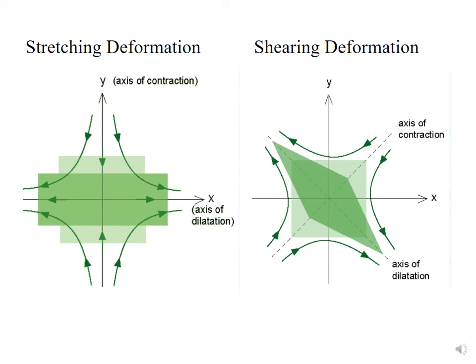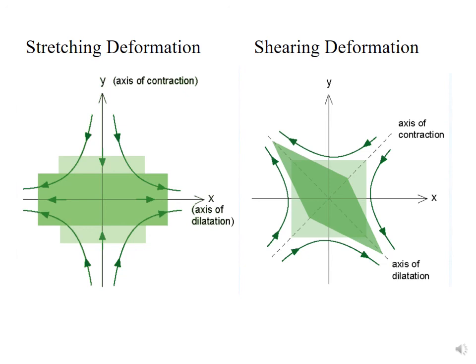Shearing deformation is the same sort of thing, except that it's tilted at an angle away from that. So we have an initial air parcel that was a square, and the shape of the wind shear in this case is such that it deforms the shape of the box into a triangle, if you want to think of it that way.